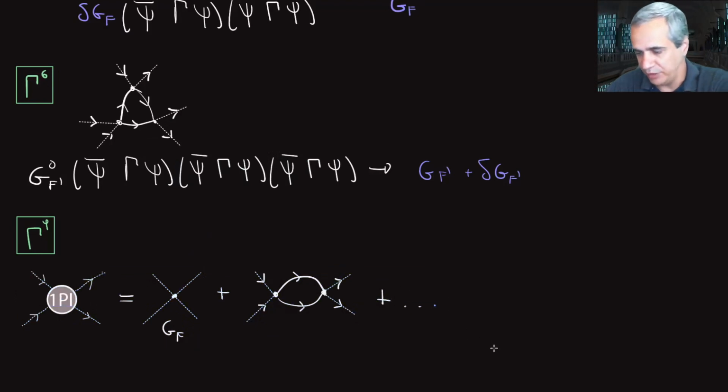Let me put it right here, right? Which is very similar to this one. So remember, this first vertex here is proportional to GF, right? But in the second one too. But now there's a new diagram that looks like this.